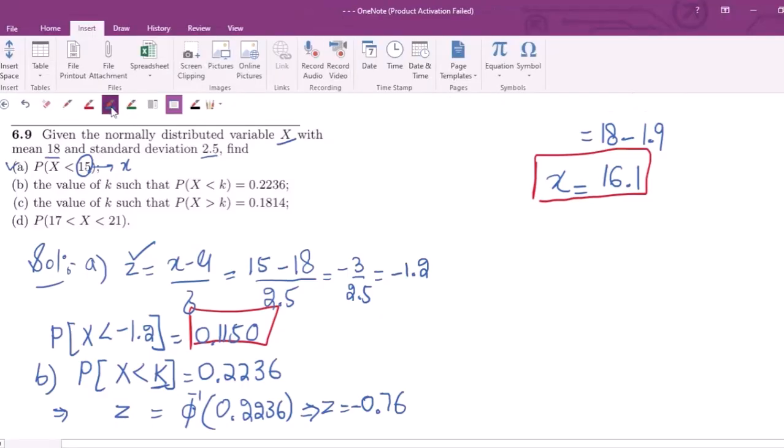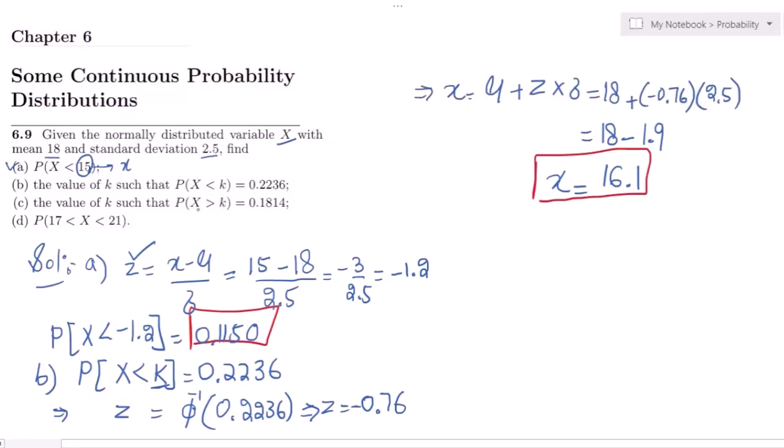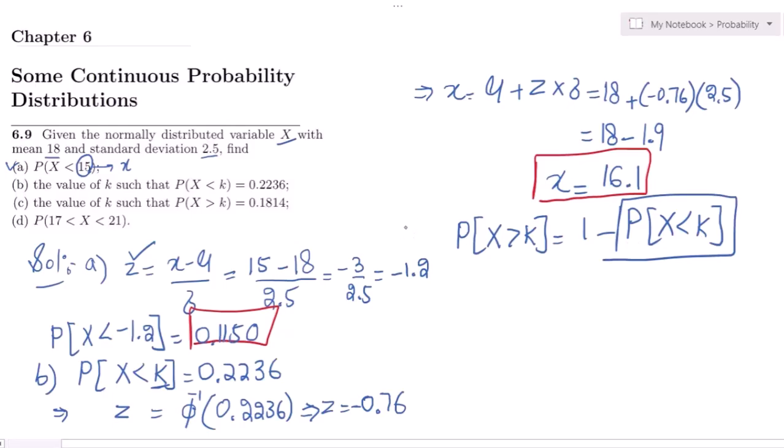In part C, we have to find the value of k such that the probability that x is greater than k is this value, and here we need to find out the value of z for it. This would be 1 minus the probability that x is less than k, because this is the item for which the table has been created.